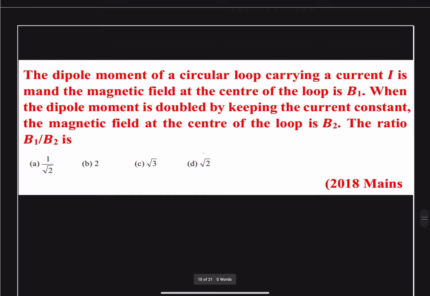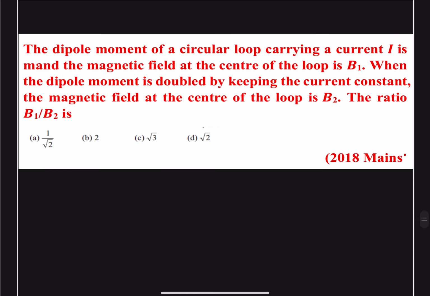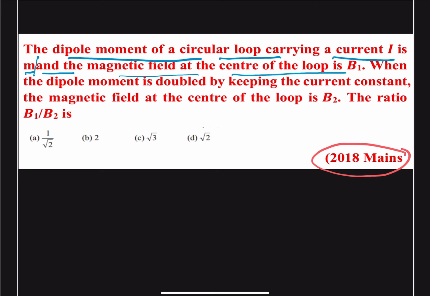We come to the next question. It was also asked in the 2018 mains, and it states that the dipole moment of a circular loop carrying a current I is M, and the magnetic field at the center of the loop is B1.